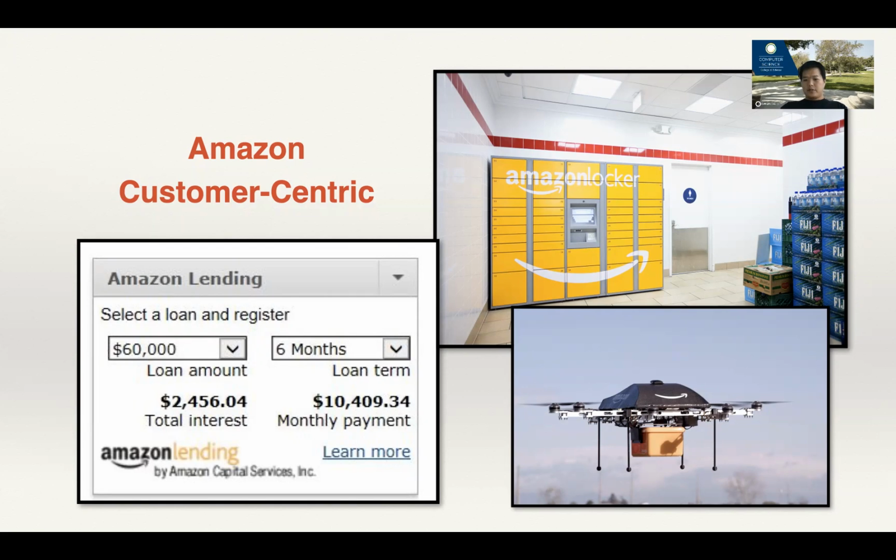If you need inventory and don't have money, they can lend you money. Of course, you pay interest, right? The reason they do this is that they found a lot of sellers on their platform struggle with funding and inventory, and some of them would do better if they had this money.